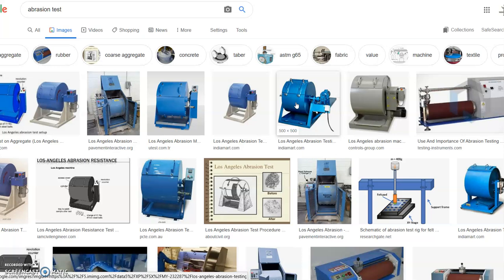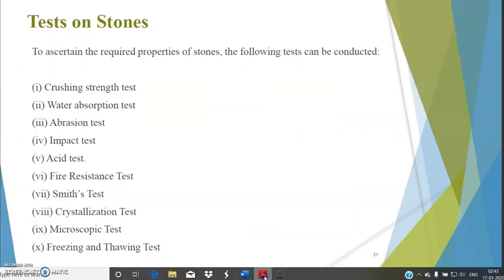You have to measure weight of aggregates, and you have to put up into this particular rolling cylinder along with some steel balls. So for a particular period it will be rolling, then it will be taken out. So the percentage of wear will be calculated based on a prepared formula by putting initial weight and the final weight of the aggregates. So that is how abrasion test will be done.